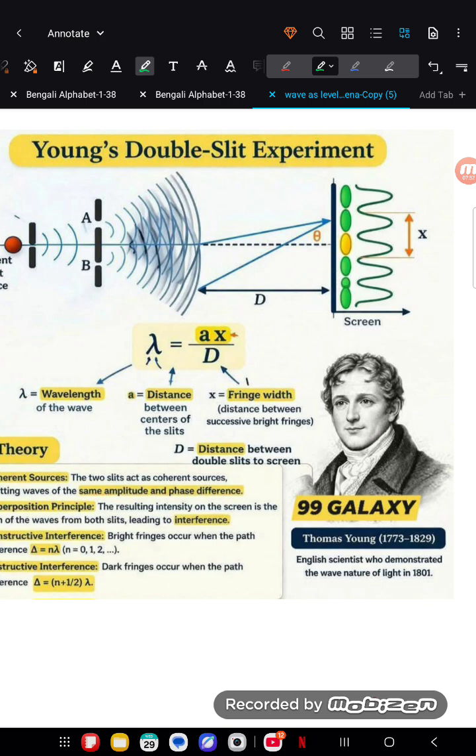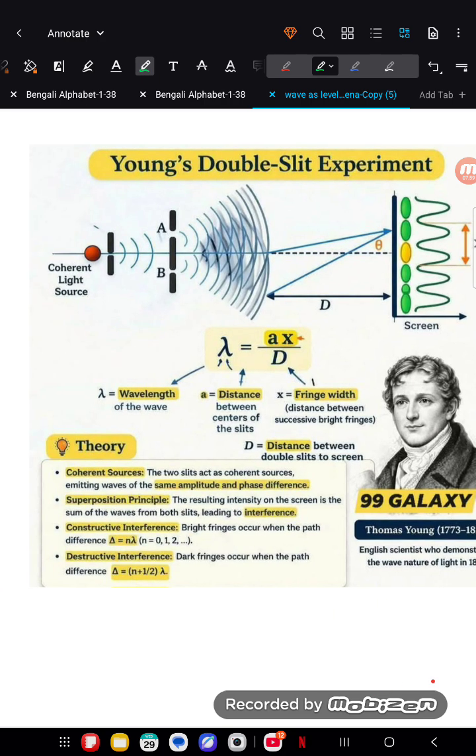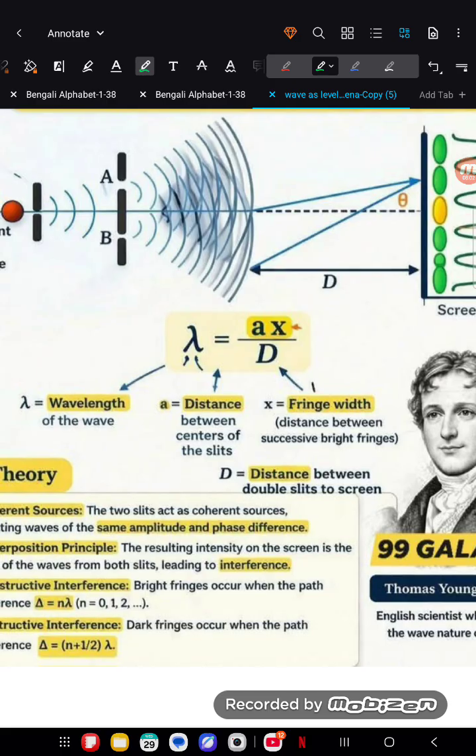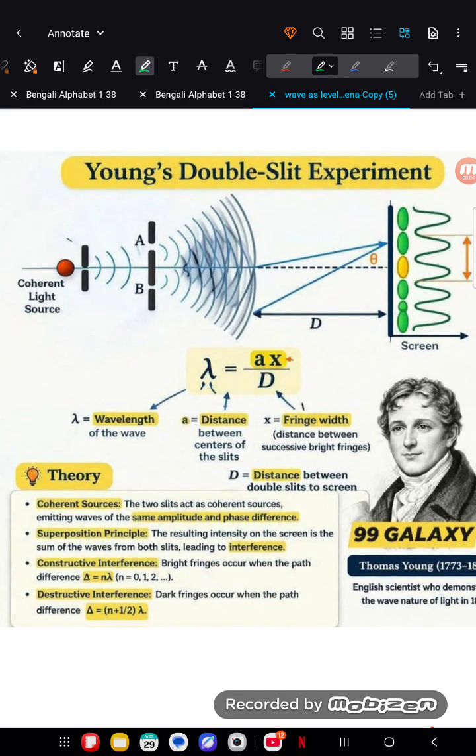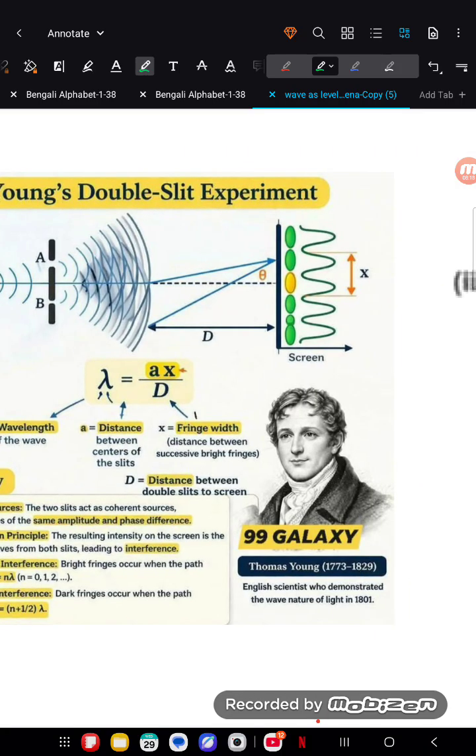So what is A? A is the distance between the center of the slits. And what is X? X is the fringe.